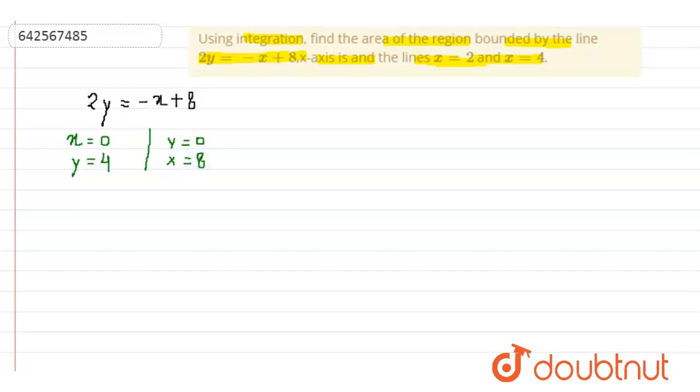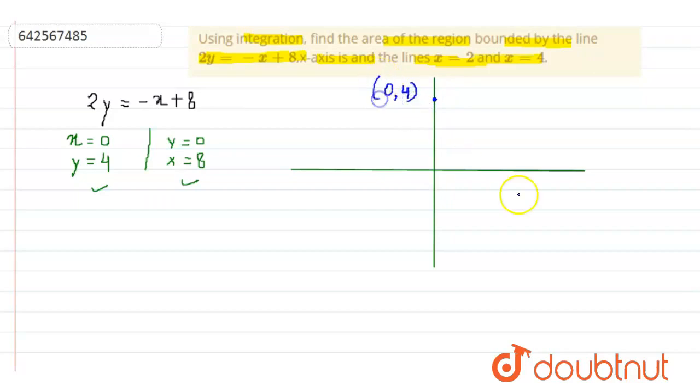So we have 2 points, 2 coordinates over here, and we will place these on the coordinate plane. Here we will make the y-axis, and this is going to be the x-axis. Now we will put down some points. Somewhere here it will be 0 and 4, and somewhere here we will have 8 and 0 on the x-axis.